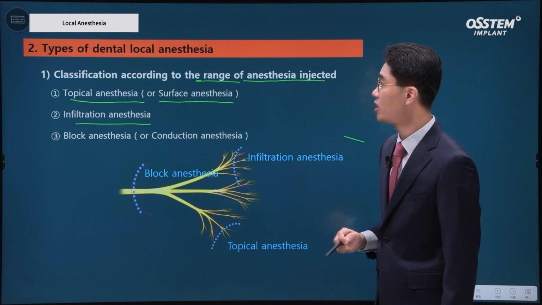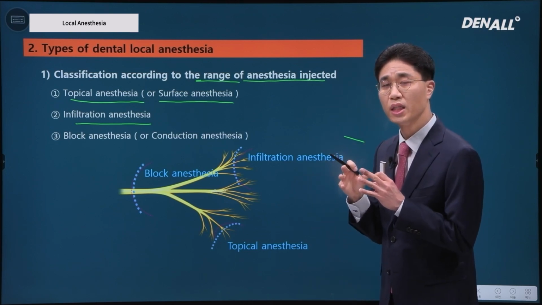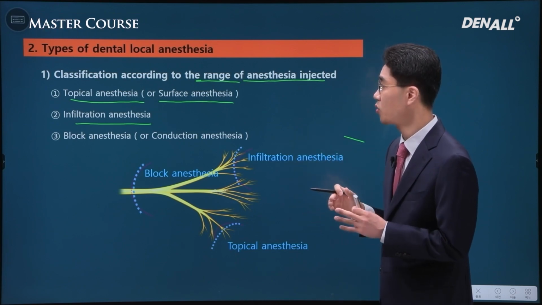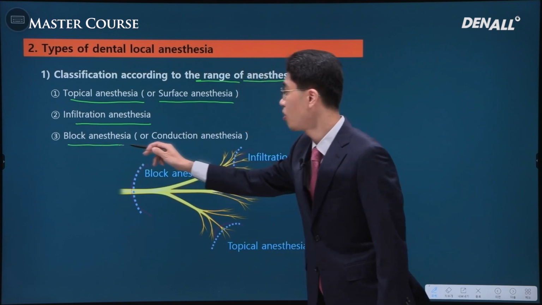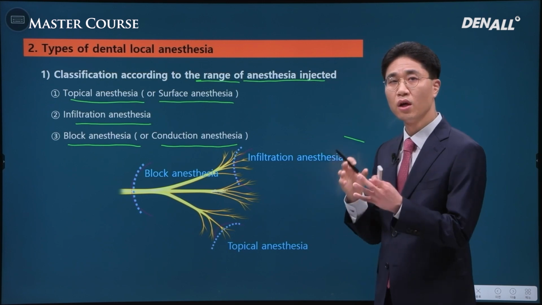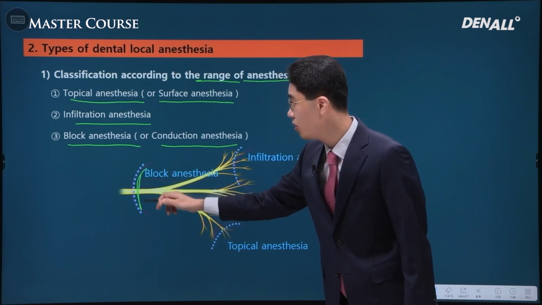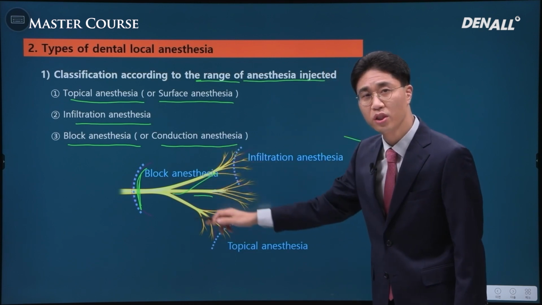Infiltration anesthesia. As for infiltration anesthesia, the scope is limited to where the anesthetics go in. Third is block anesthesia or conduction anesthesia. Anesthetic is injected into the nerve trunk and the entire region becomes numb.